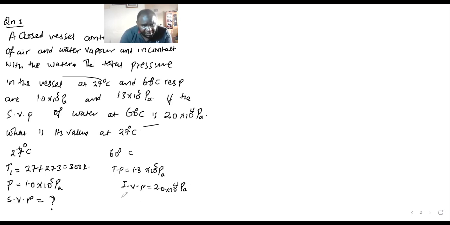Then we have the temperature T2 at 60 degrees Celsius plus 273 Kelvin, and this will give us 333 Kelvin.